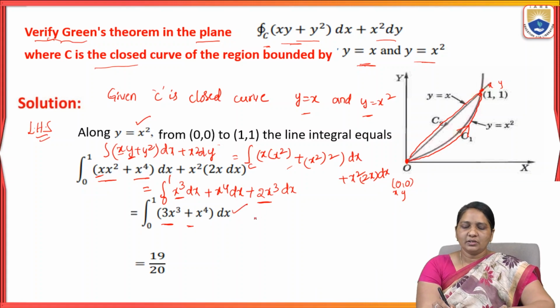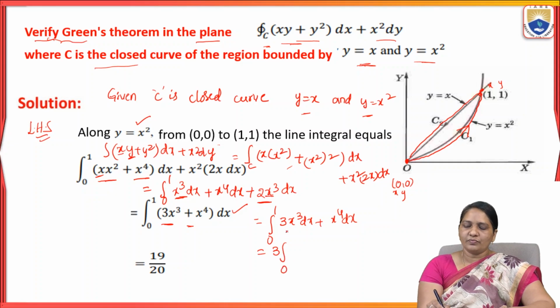Now here, integral 0 to 1 of 3x cube dx plus x power 4 dx. Now I am taking the constant out: 3 integral 0 to 1 x cube dx plus integral x power 4 dx.